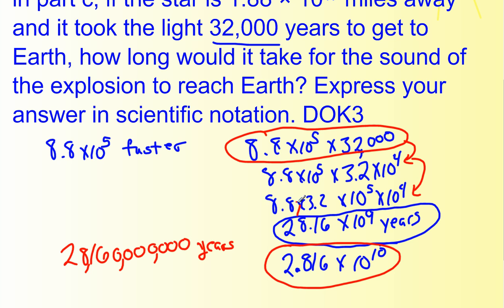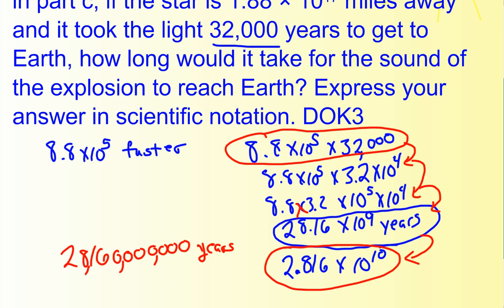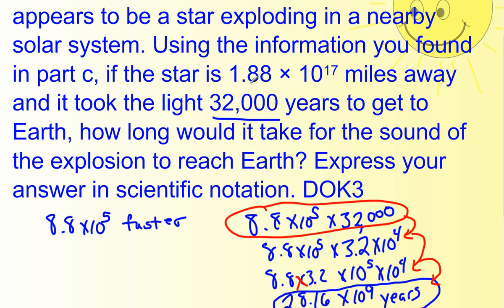I forgot to change it into scientific notation with this number out front, but then I remembered and fixed it, and there is my answer, 2.816 times 10 to the 10th years. This extra information about the 1.88 times 10 to the 17th is just extra information. That's not even needed for this problem. All you needed is that it took this many years for the light to get to Earth, and that light is 8.8 times 10 to the 5th times faster than sound.